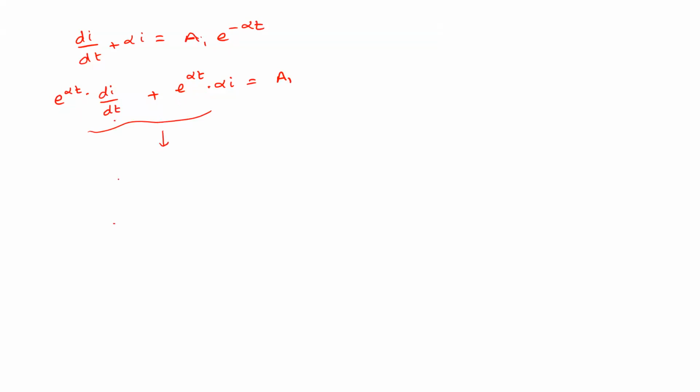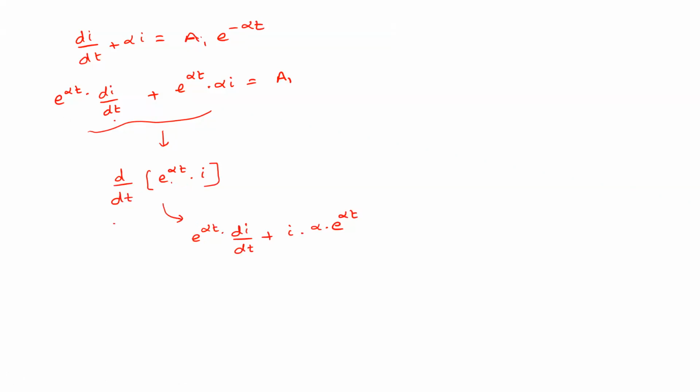So it will be d by dt of e to the power of alpha t into I. What is this derivative? e to the power of alpha t into di by dt, so that is one term. What is the other term? I into the derivative of e to the power of alpha t, alpha into e to the power of alpha t. Agree?